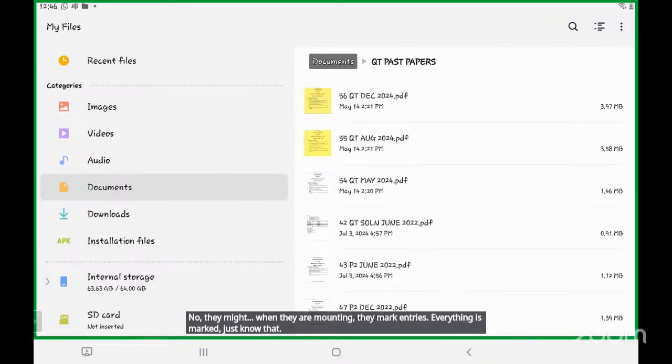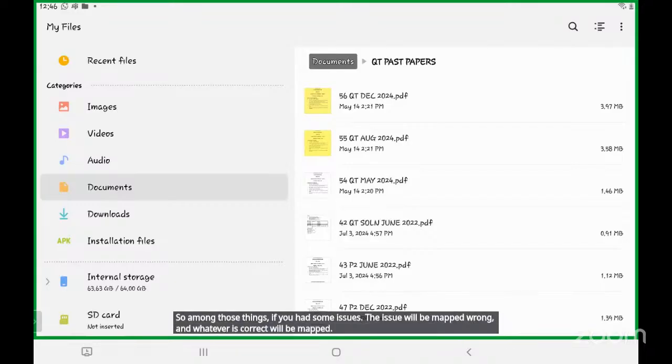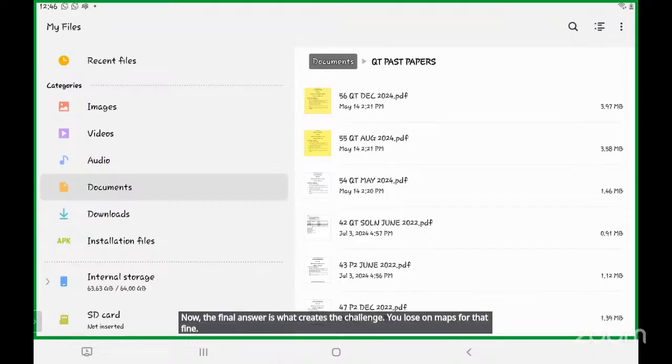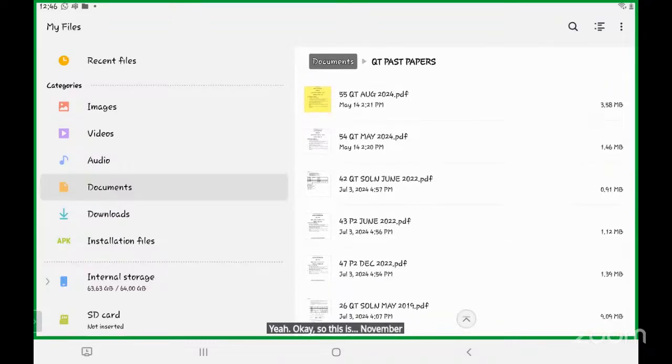So among those things, if you had some issues, the issue will be marked wrong, and whatever is correct will be marked. Now, the final answer is what creates the challenge. You lose the marks for the final. If the final answer is 1 mark or 2, you don't get them. But you get marks for your procedure. You get a mark for every computation you make. Okay, so this is November 2017.